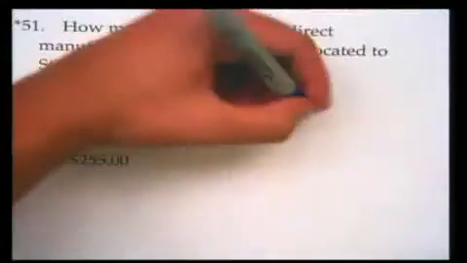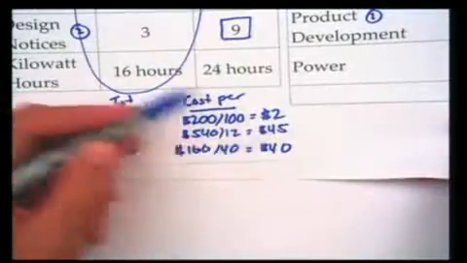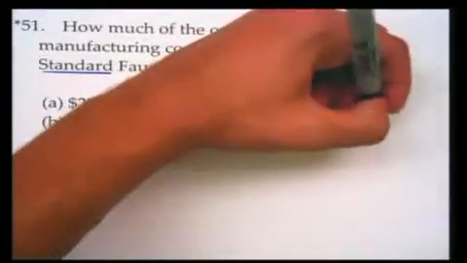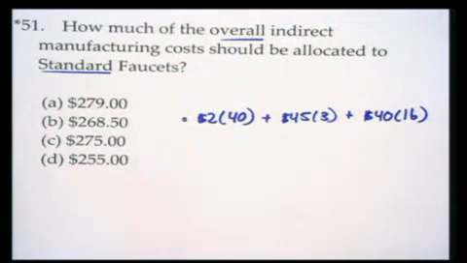Plus, it's going to be $45 each times the 3 design change notices they incurred. Make sense? Plus, it's going to be $40 each times the 16 hours that they happen to use. Make sense? So now if we just do 2 times 40 plus 45 times 3 plus 40 times 16.